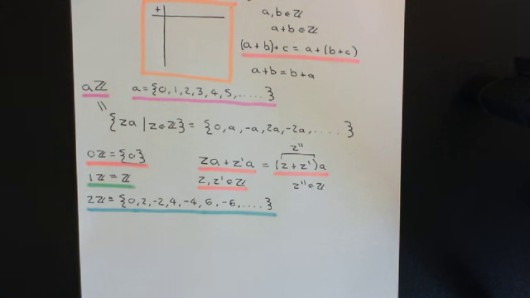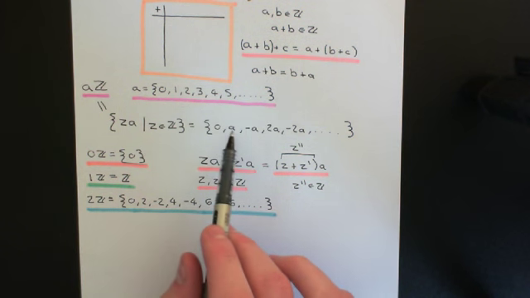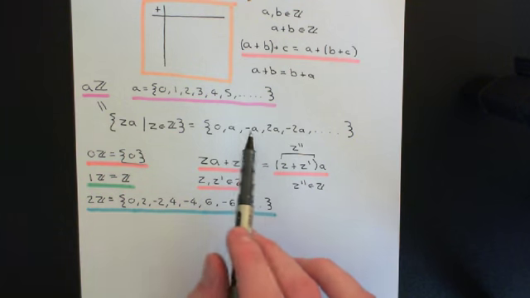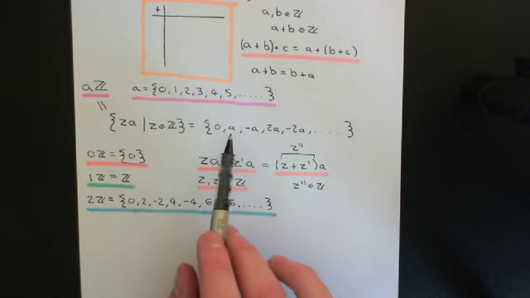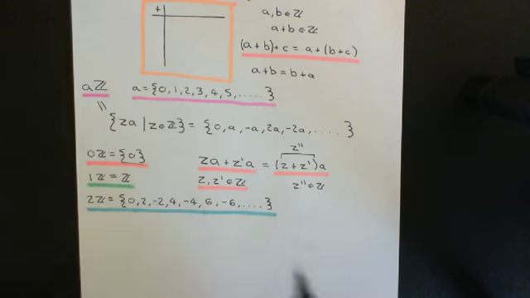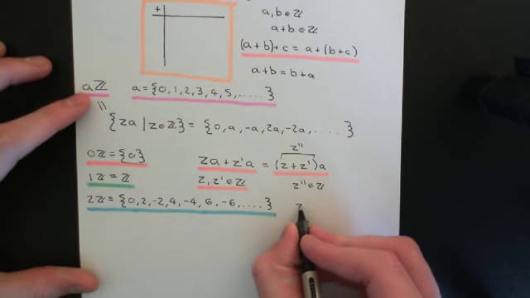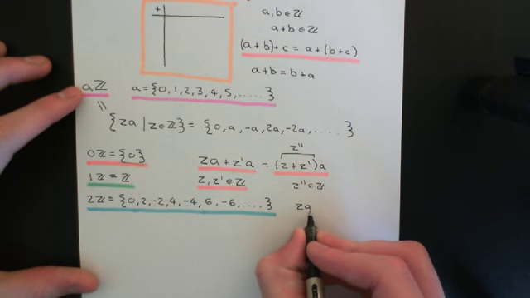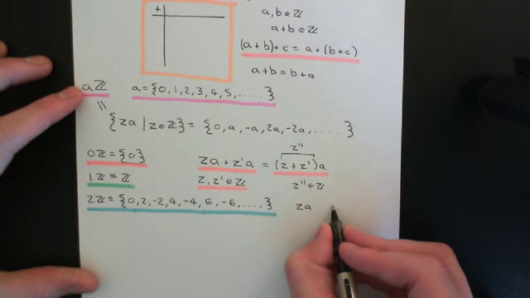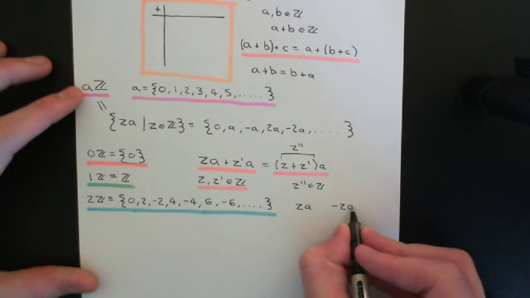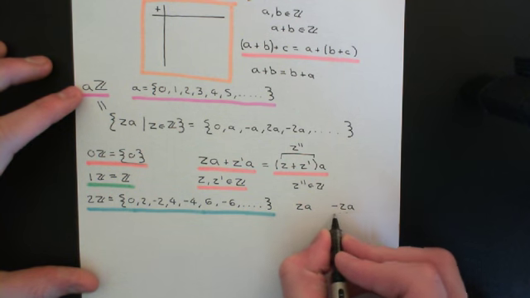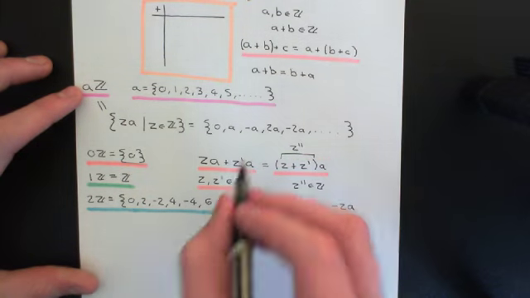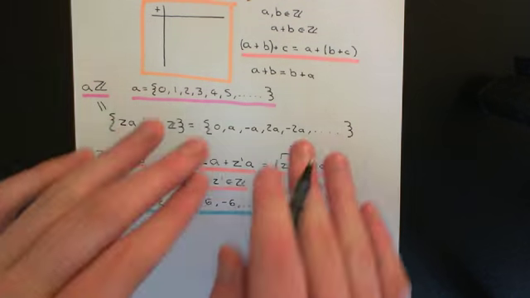And finally, inverses. Well, we know that we've always got the inverse pairs present. So if you've got an arbitrary element za, some integer multiple of a, you will also at some point have in the set negative za, and these two will be each other's inverses in that subset.